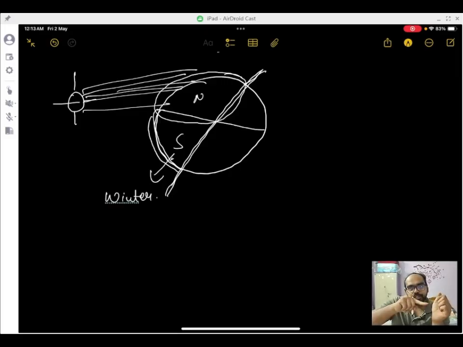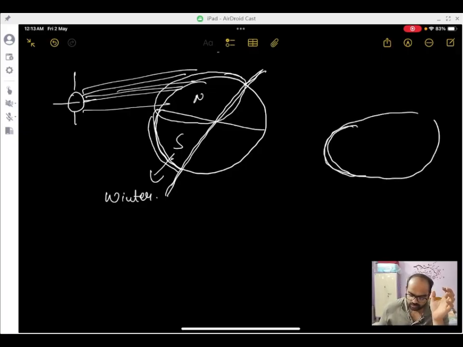Gradually, due to revolution, the southern hemisphere comes into focus of the sun. That is, the southern hemisphere comes under the influence of the sun, and the northern hemisphere is out of the focus of the sun, somewhat like this.